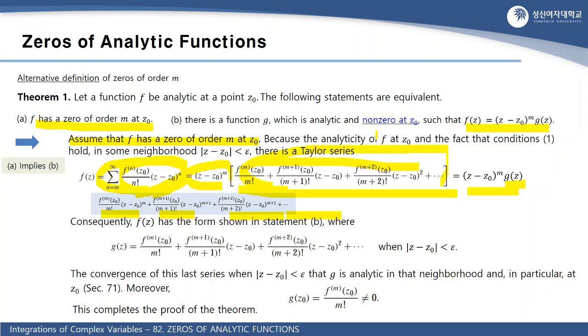Next, to check the condition non-zero at z0, here we insert z0 in the place of z, then we get this.